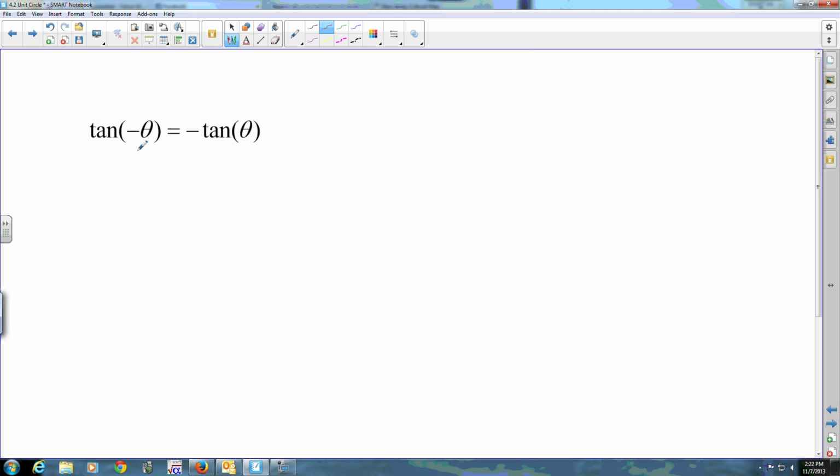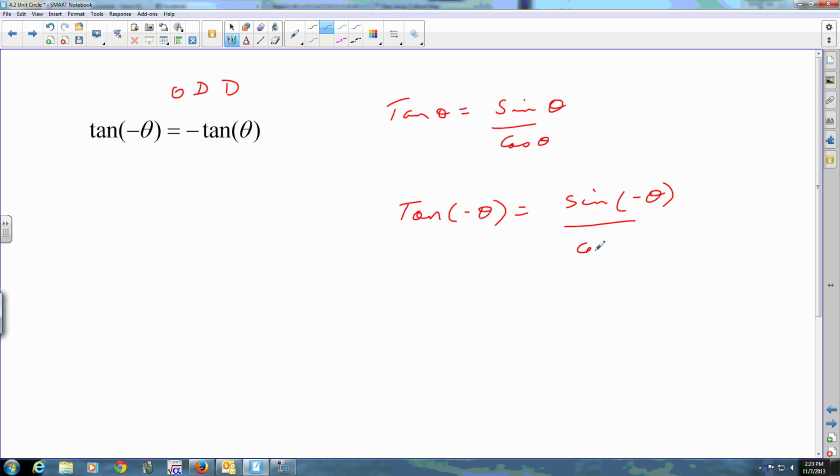Okay, tangent is also odd, because tangent, and we haven't talked much about this, is sine of theta over cosine theta. So tangent of negative theta is equal to sine of negative theta over cosine of negative theta.